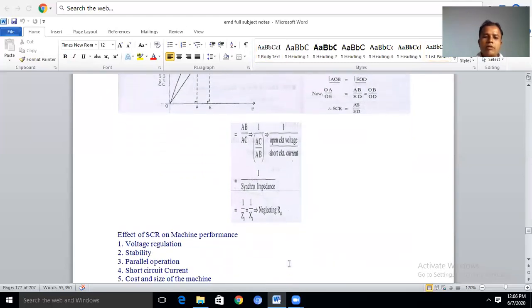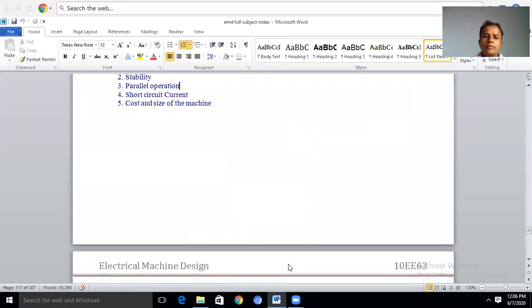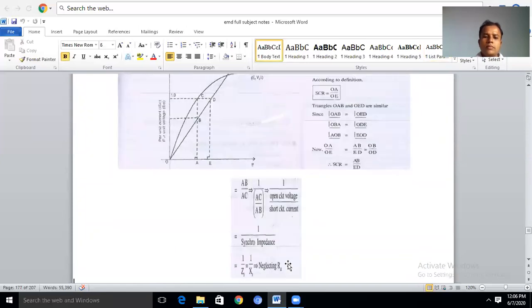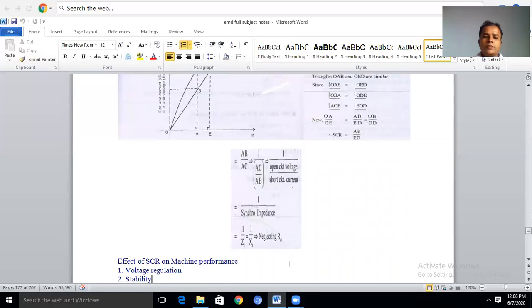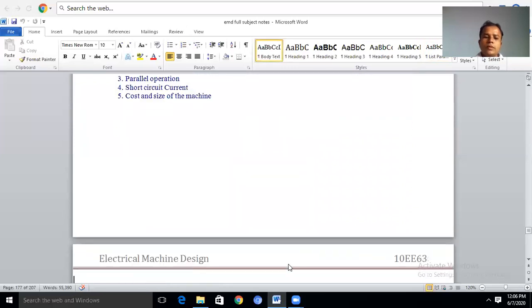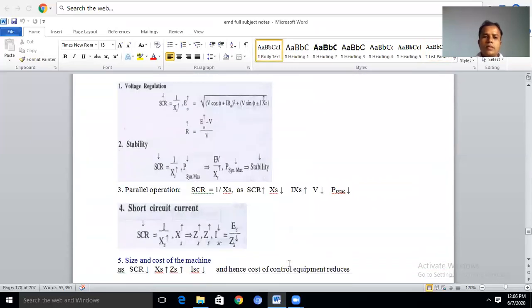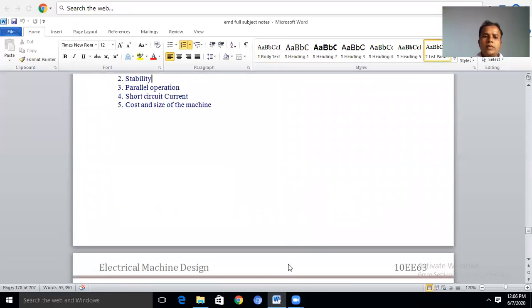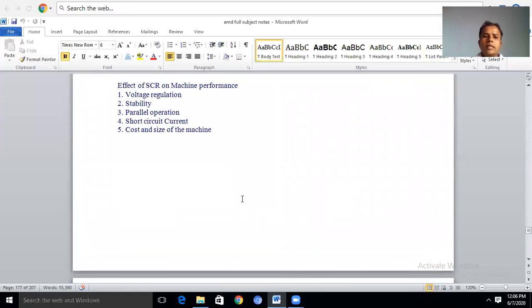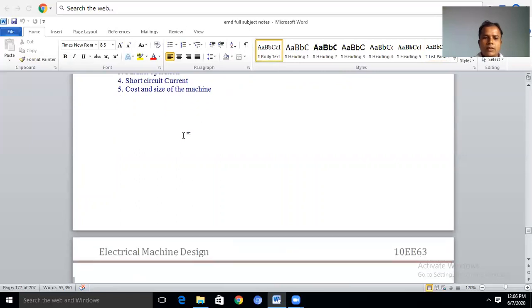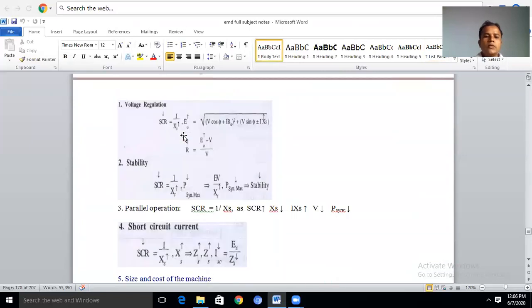Now the effect of short circuit ratio on machine performance. One is voltage regulation, second stability, parallel operation, short circuit current, cost and size of the machine. These are the effects of SCR. We will see them one by one.